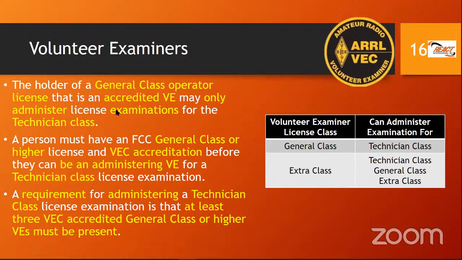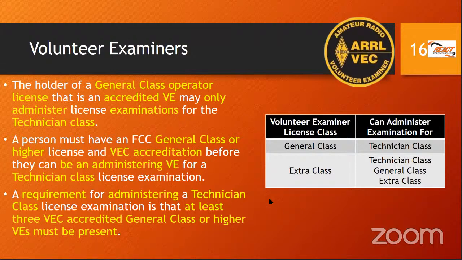So we need to learn this for the exam, that a general class operator may only be accredited to administer technician class exams. Note that a technician class person cannot become a VE to examine anybody. So we have a little handy chart here that shows if you are this class, what you can examine.